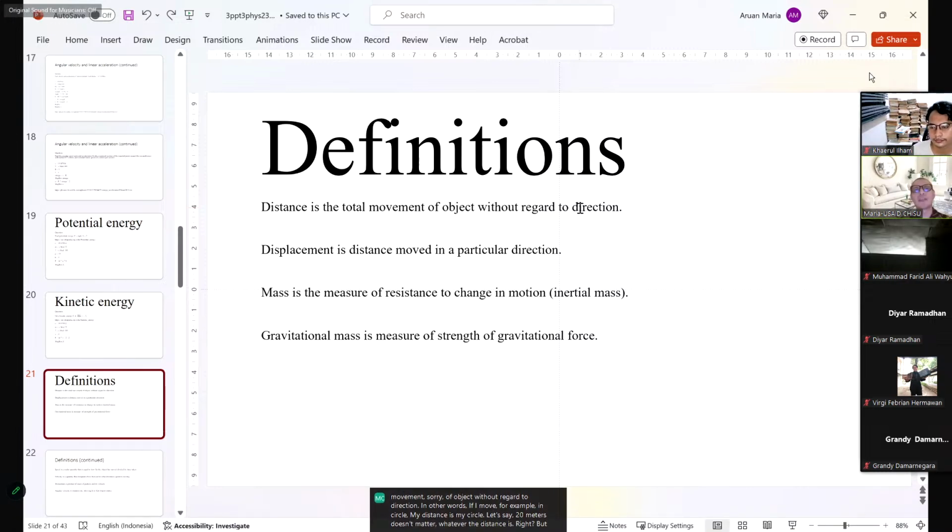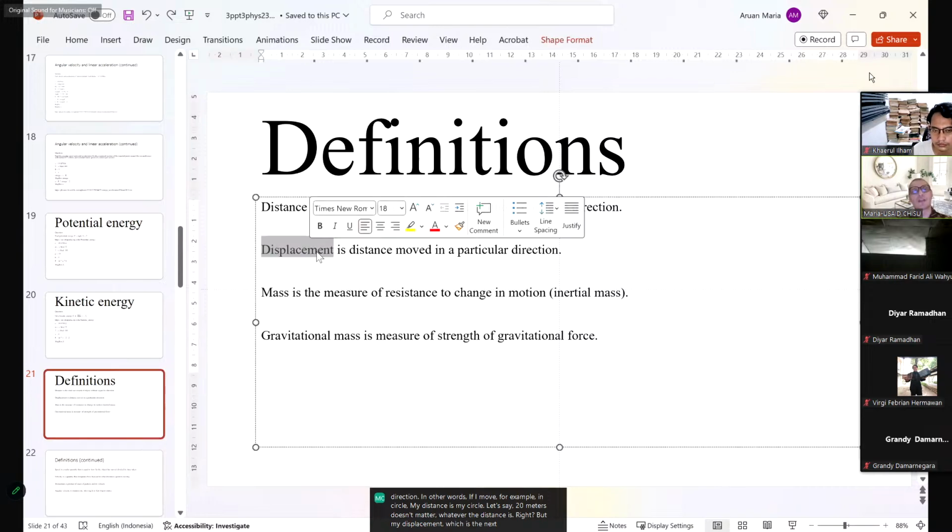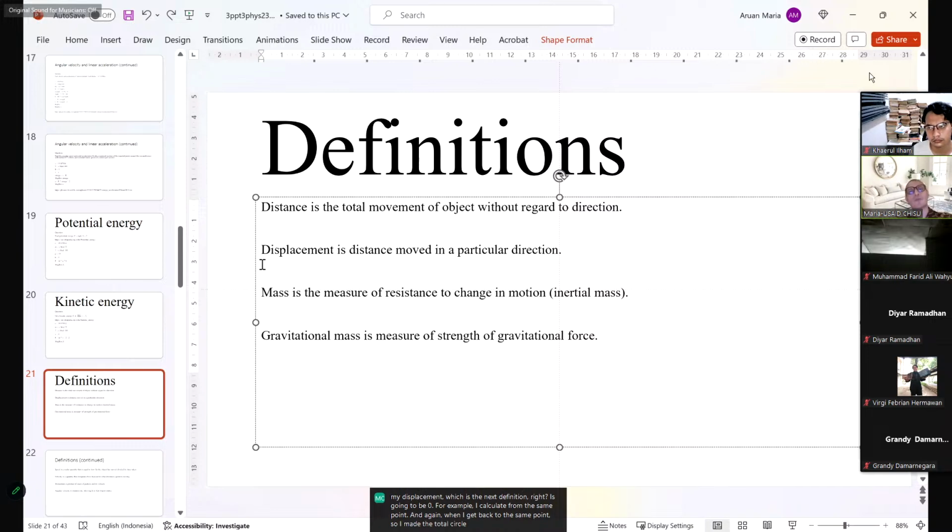But my displacement, which is the next definition, is going to be 0. For example, I calculate from the same point, and again, when I get back to the same point, I made the total circle and I got to the same point. My distance is, let's say, 20 meters, but my displacement is 0 because I left the same point and I got back to the same point.